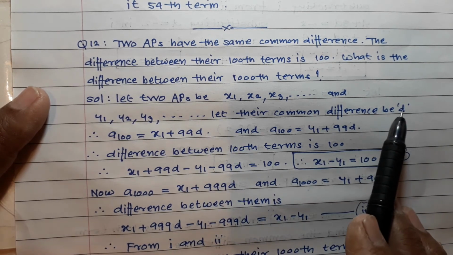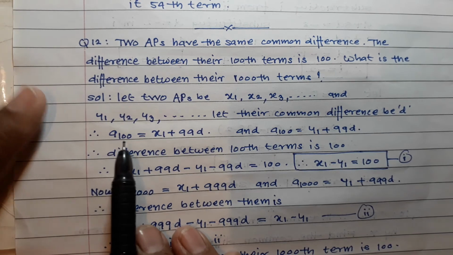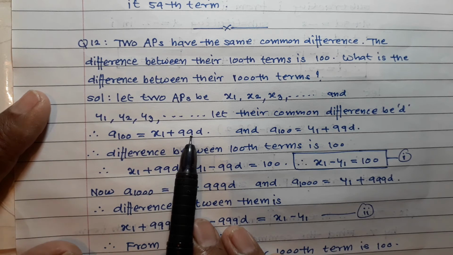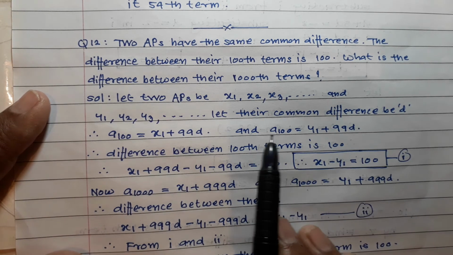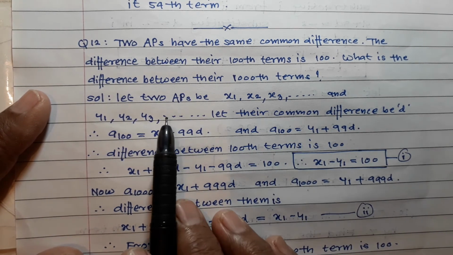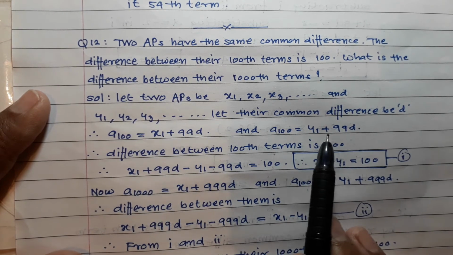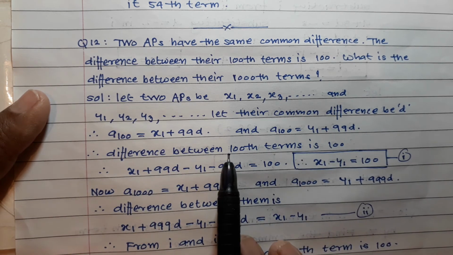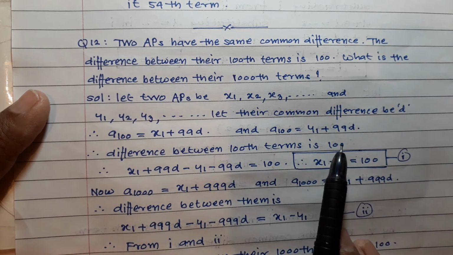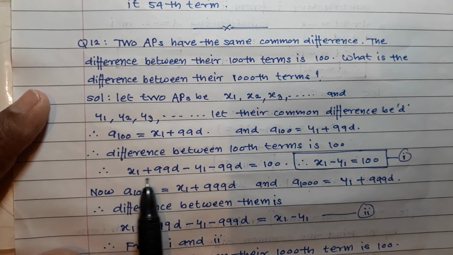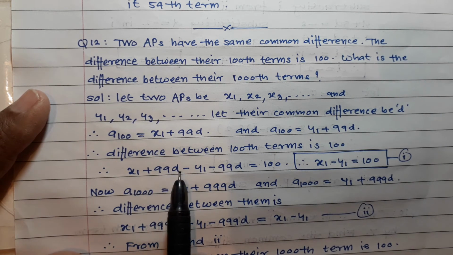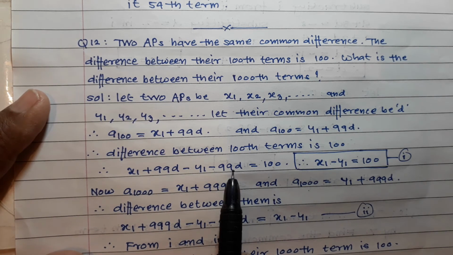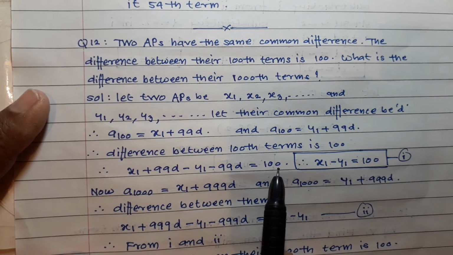So say it is D. And therefore A100 is equal to x1 plus 99D, and A100 for the second AP is y1 plus 99D, and the difference between them is equal to 100, and therefore x1 plus 99D minus y1 minus 99D is equal to 100.